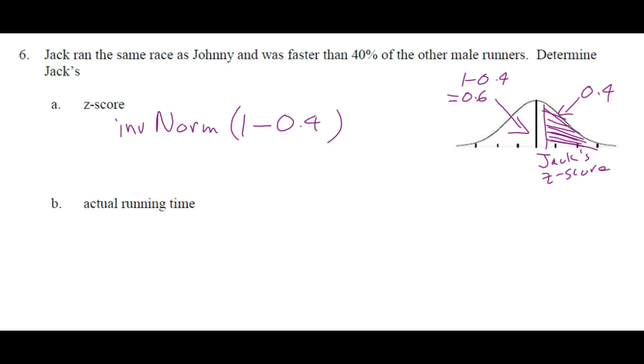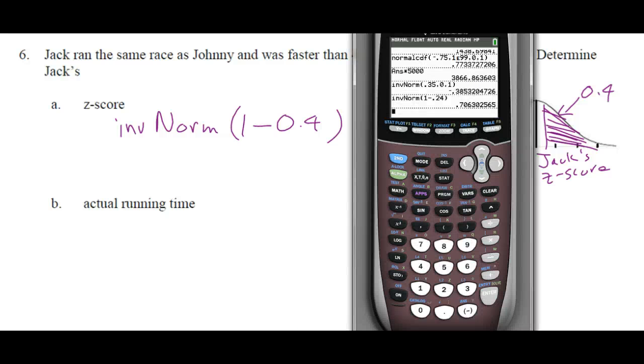So you do inverse norm 1 minus 0.4, or you can do inverse norm 0.6. So second distribution, 3, inverse norm. I'm just going to put 0.6. Mu and sigma will be 0 and 1. Paste. And we get 0.25, so this is his z-score. z equals 0.2533.